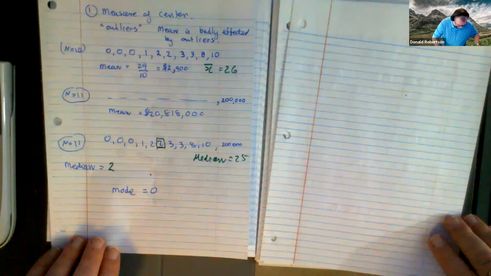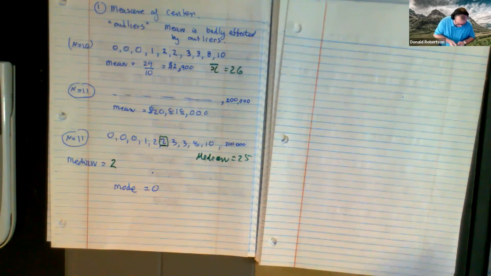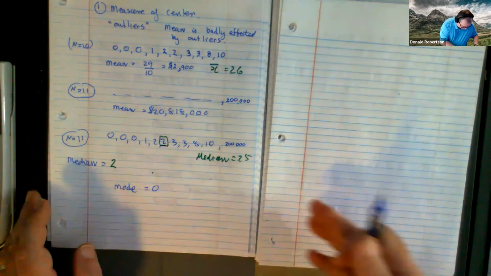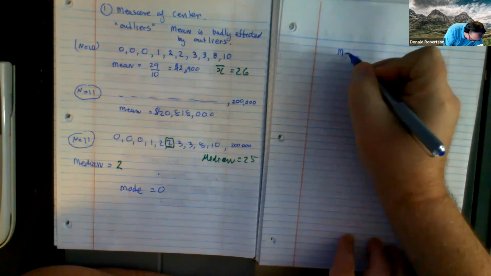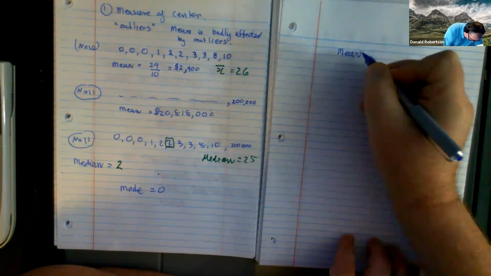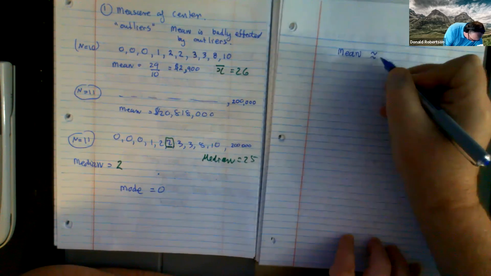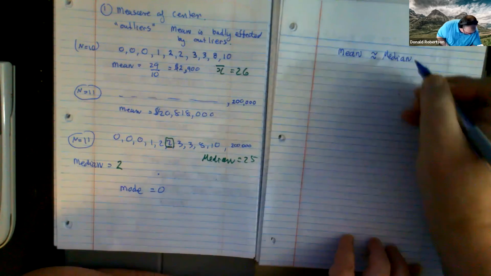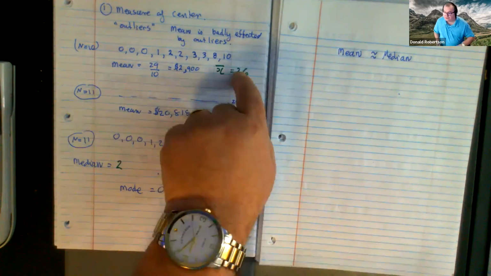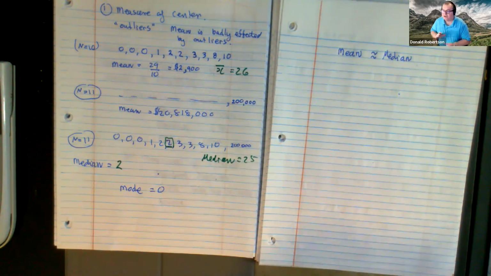Just one last quick topic. If the mean is roughly the same size as the median, so in this case, would you agree 25 and 26 are pretty much the same?